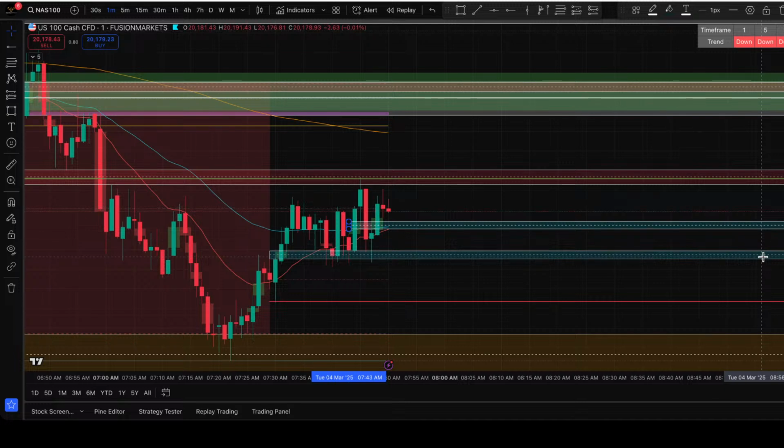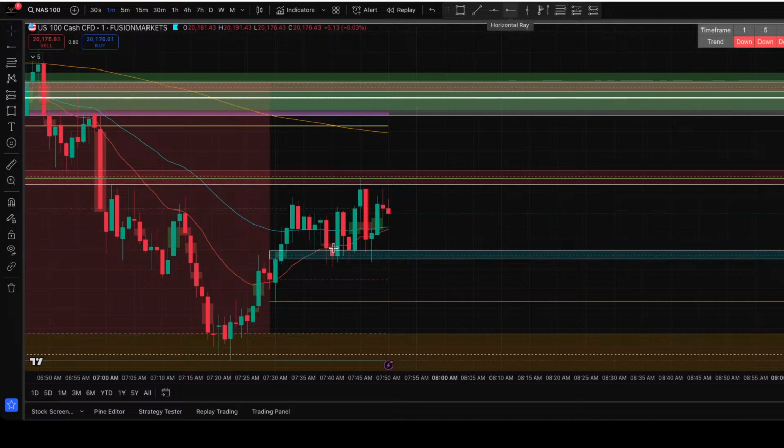I want to see a candle close below this red line. Until we see that, this thing could continue to just gesticulate and or move up. Candle body. I want to see a candle body close below that red line.